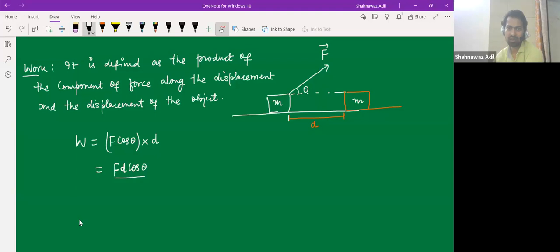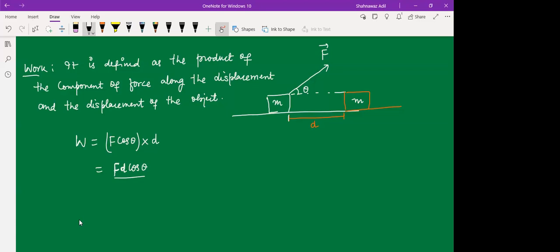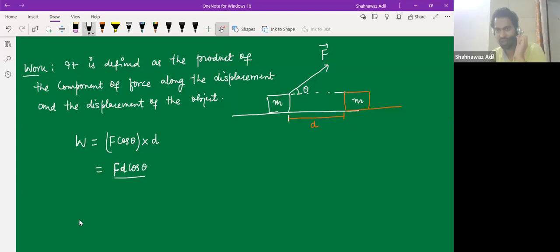Have you guys seen this F d cos theta somewhere? Where did you see these terms?